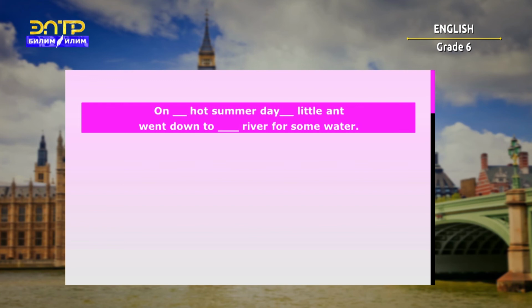On hot summer day, little ant went down to river for some water. On a hot summer day, a little ant went down to the river for some water.